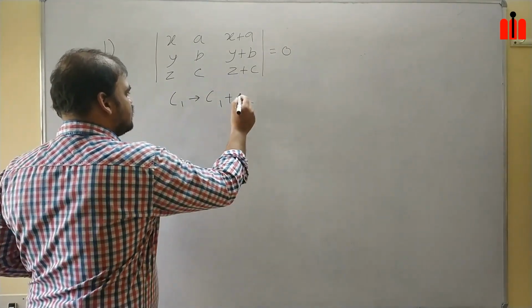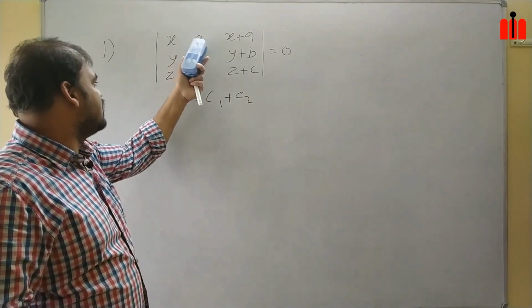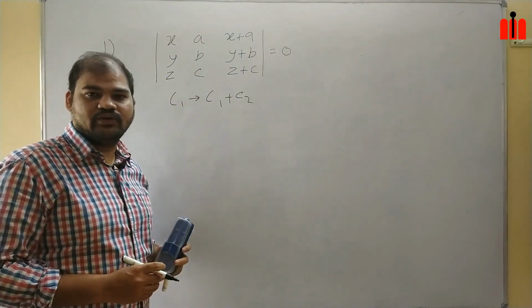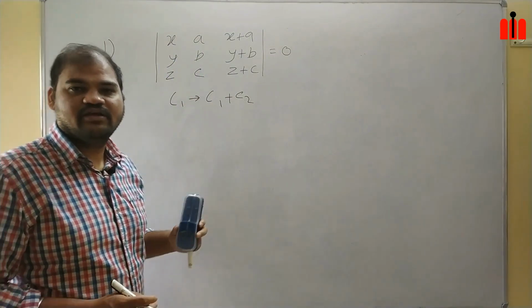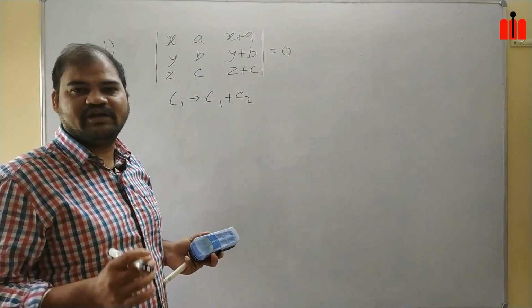Sorry, c1, not r1. Why will I perform this operation? If I perform it, I will get x plus a, y plus b, z plus c, which is equal to the third column. Then, as the first column is equal to the third column, we can say the determinant is 0.